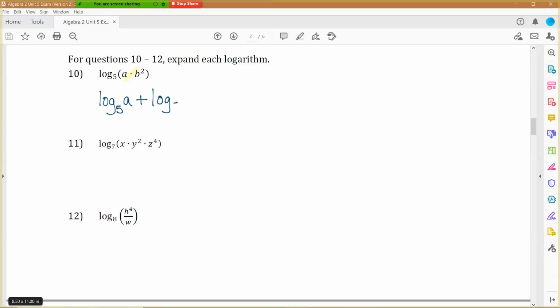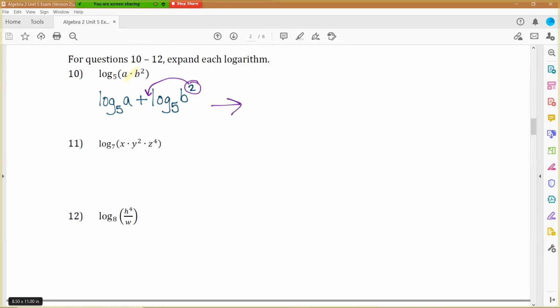Which gives me log base 5 of a plus log base 5 of b squared. You cannot stop here. You've got to get rid of this squared. That squared goes down just in front of the log that it's attached to.